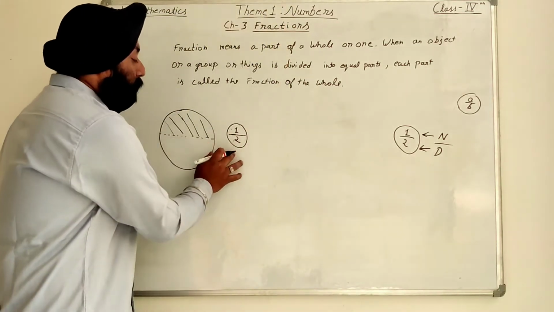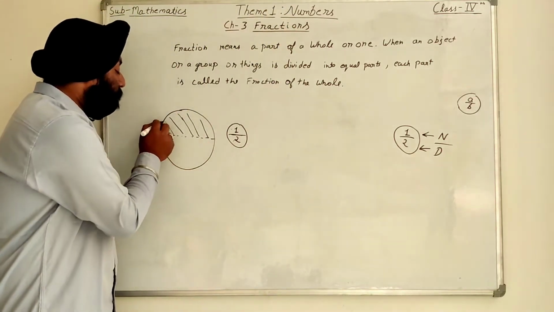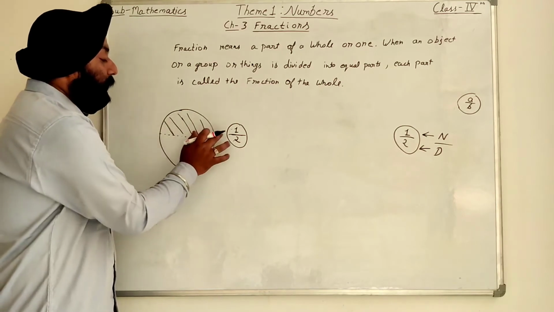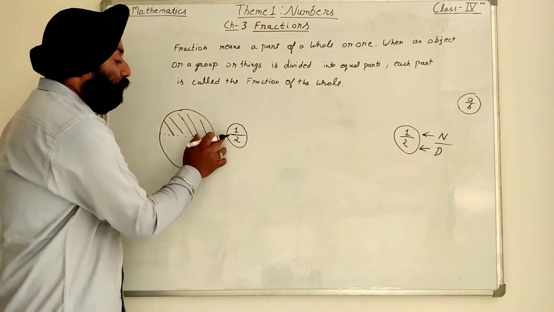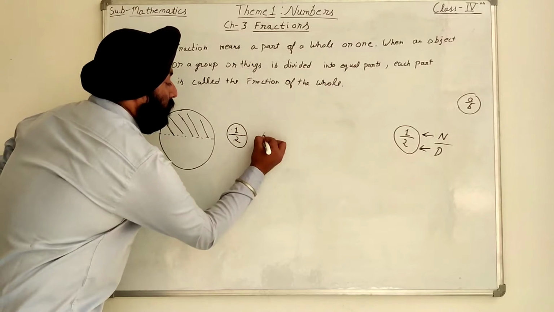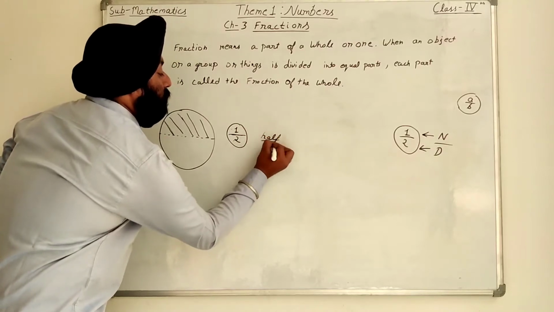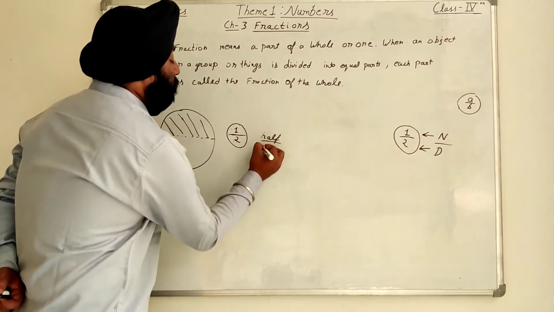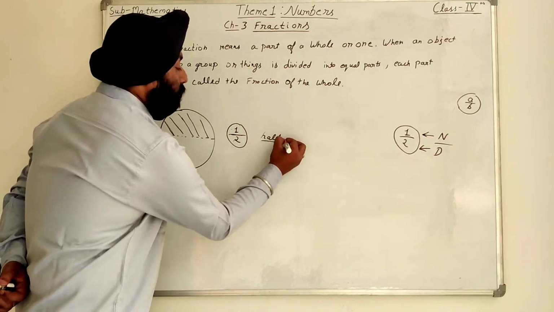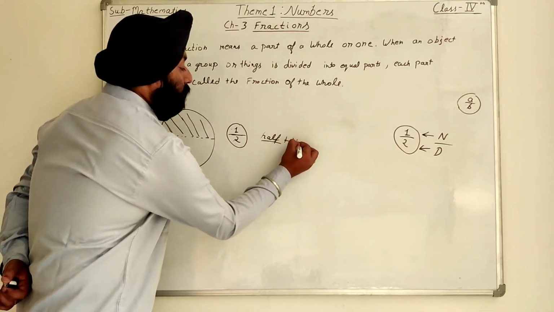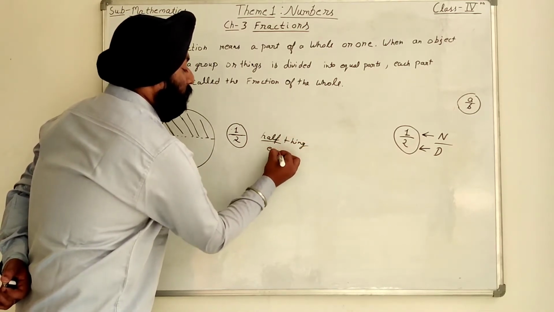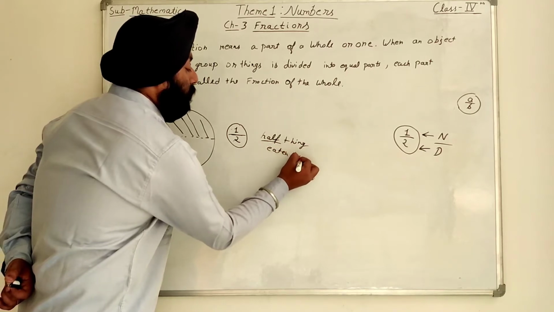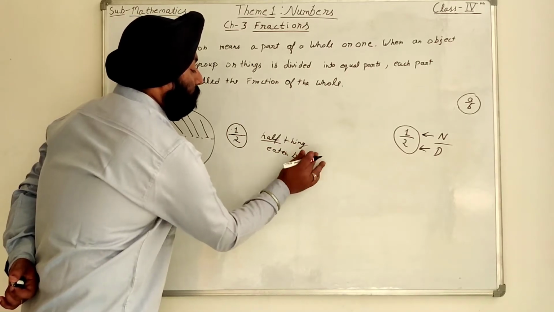Now come to this again: I ate one part out of 2, then this is half a pizza, a half thing eaten by me.